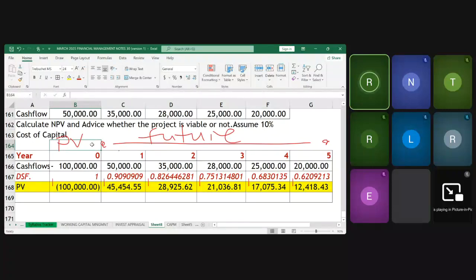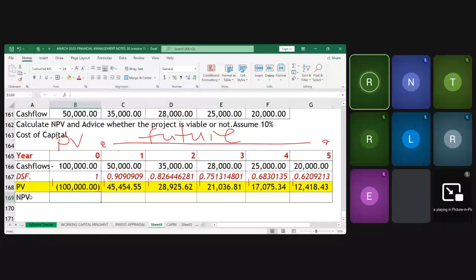So we say that net present value assesses viability of projects by adding 2 things. Number 1, the present value of the investment, which is year 0 and negative, and the future values from year 1 to year 5 discounted at the company's cost of capital. In this case, it is 10%. We've discounted them. The word net present value comes from the fact that you have positive and negative.